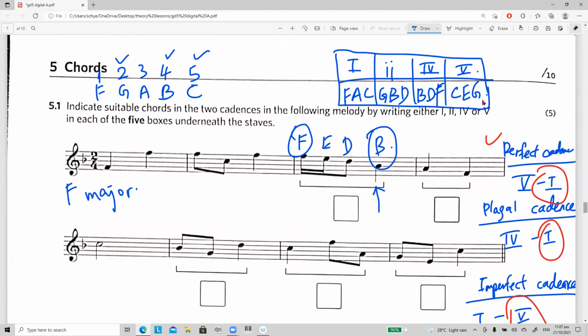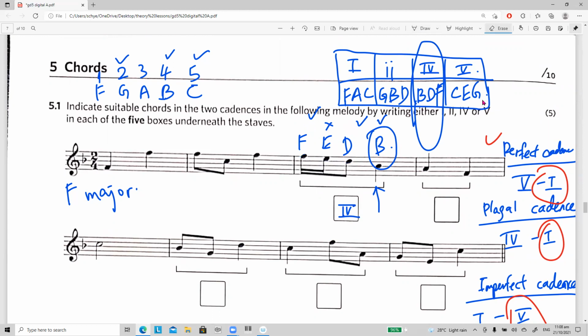So this is B, F, and then you have a D also. Which chord contains most of the notes here? It contains B, D, and F. So this E is just a passing note. It's not important. So look for the chord that contains most of the notes. So apparently it's chord 4.